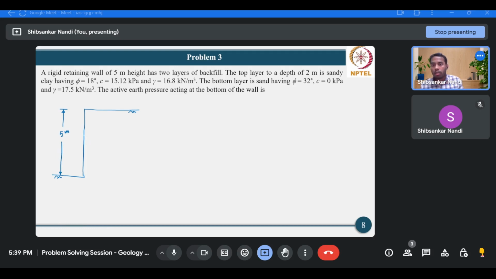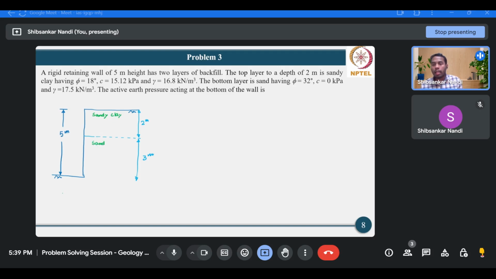The first one has a thickness of 2 meter, so obviously the second layer will have a thickness of 3 meter. The first layer, the top layer, is sandy clay, and the bottom layer is sand.